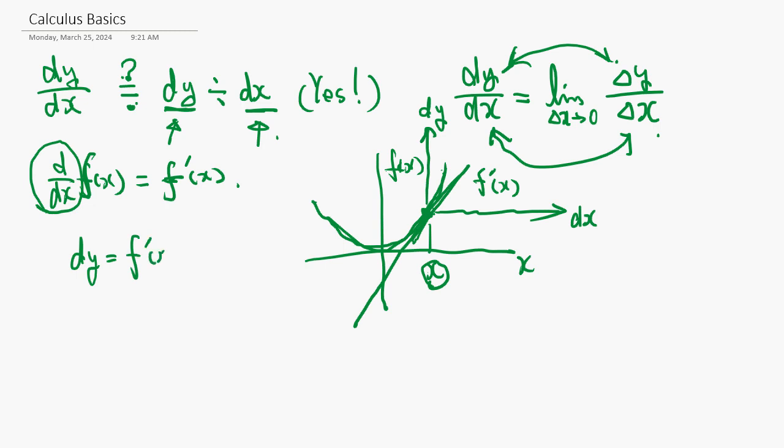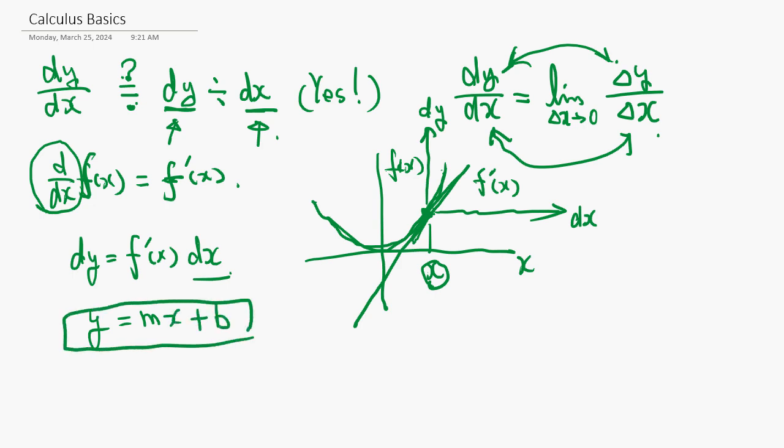Since this is a slope, dy is the slope times dx, the same as y equals mx. The linear equation is y equals mx plus b, and since this goes through the origin, b is 0.